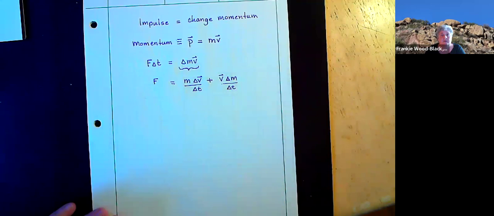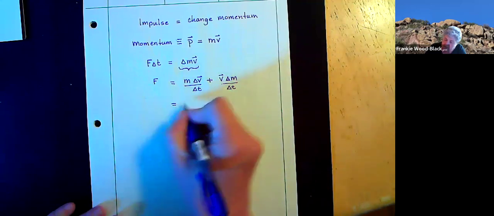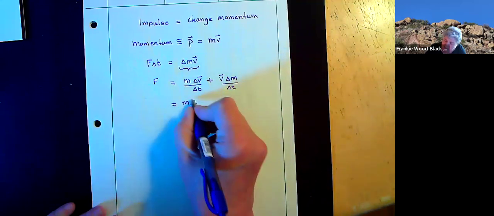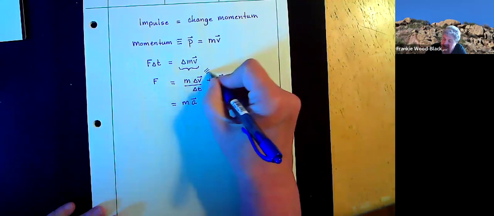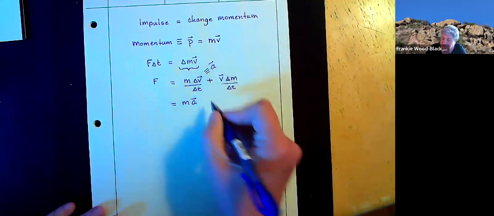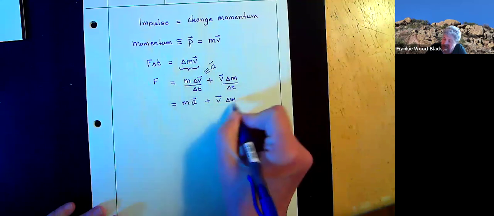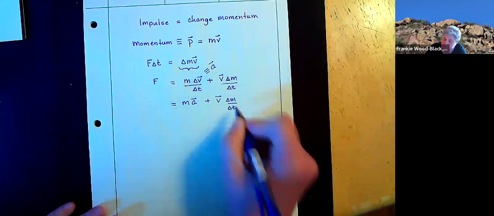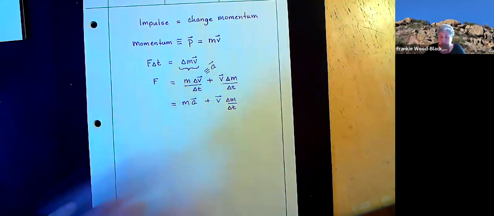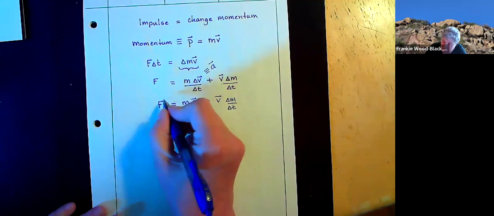If I do this, this becomes mass times acceleration, because we've defined that as acceleration, plus velocity times the change in mass over the change in time. And that's equal to my force.